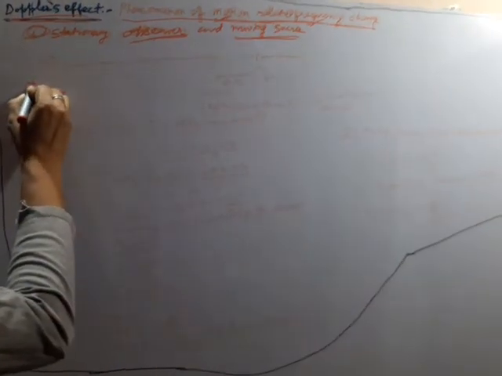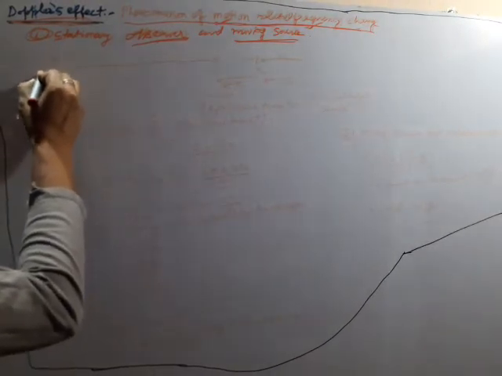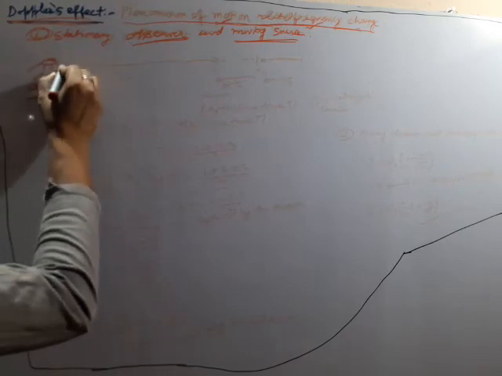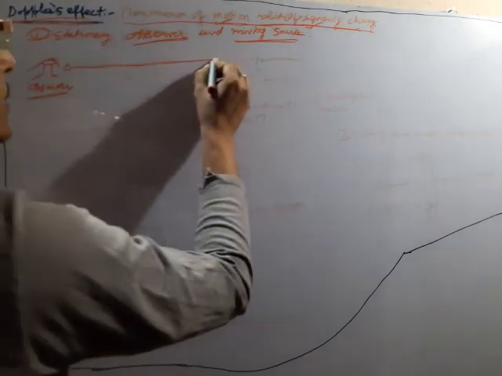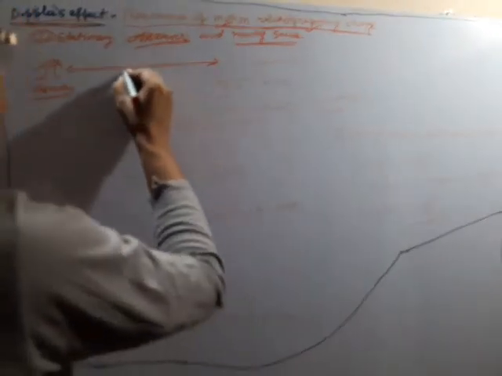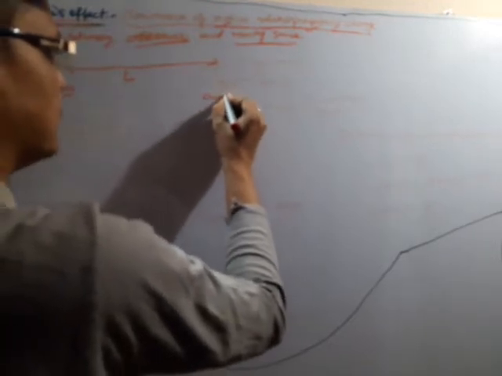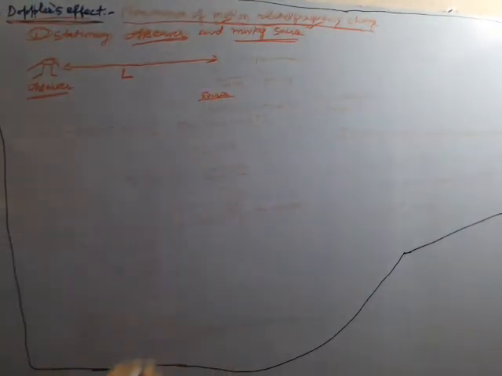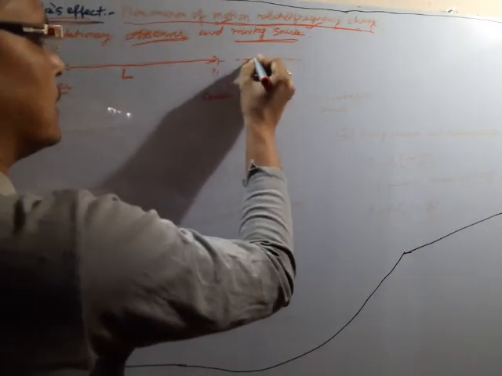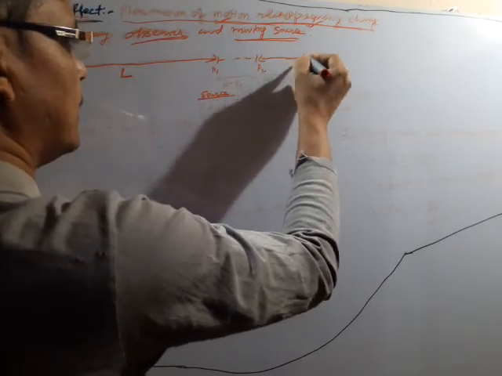Here I have drawn this figure. There is an observer like this, and the distance between the observer and the source is L. There is a source like a rail engine. Here this is point P1 and this is point P2, and like this.